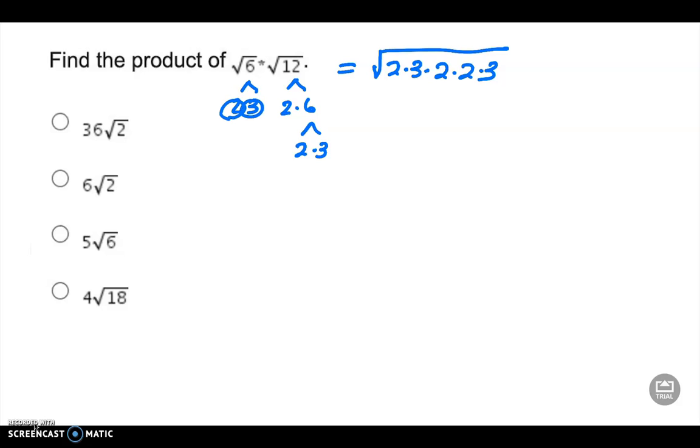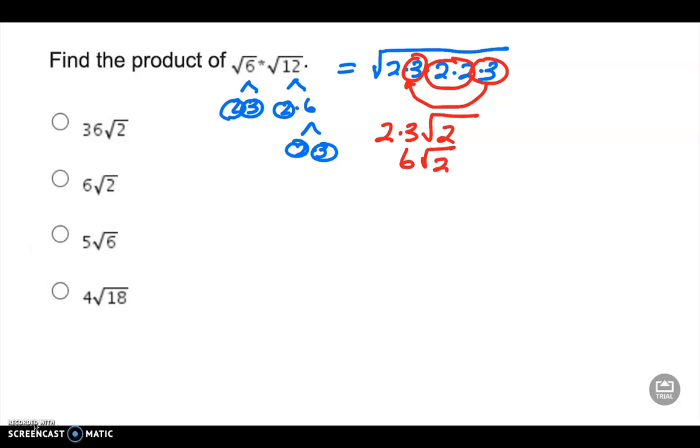So I take all of my factors and write them all underneath one radical. And then, like we always do, we take out pairs. So I have a pair of 2's, and even though they're not by each other, I still have two 3's. So I pull out one of the 2's times one of the 3's, and I'm left with the 2 underneath. So that would be 6 radical 2.